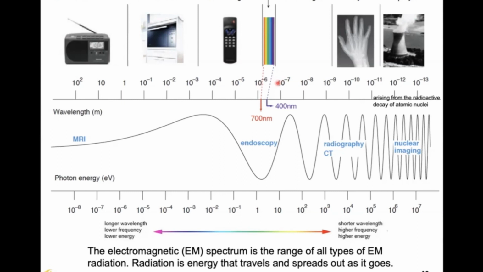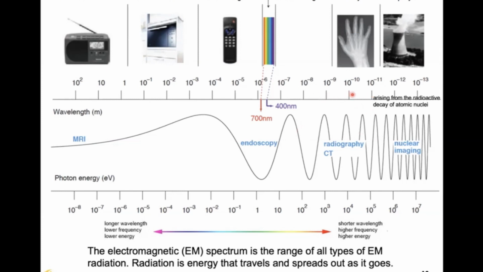So with the red at 700 nanometers, that's the longest, and the shortest is 400 nanometers for the violet, right? And if we go to an even shorter wavelength, we have the ultraviolet light, which comes from the sun, right? So if you are exposed too much to the ultraviolet light, then you have the risk of sunburn, or you increase the risk of skin cancer, right?